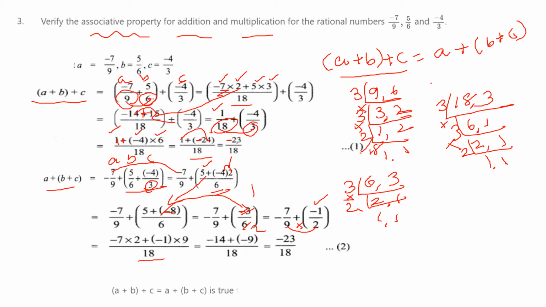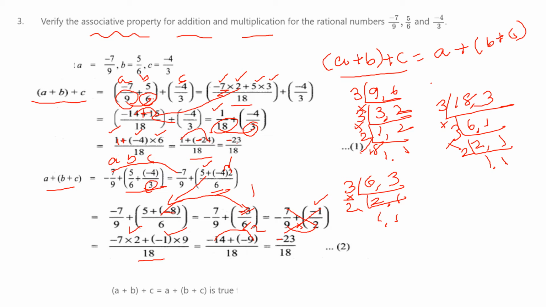If we multiply directly, here also you cross multiply. Minus 7 into 2 plus minus 1 into 9. Minus 7 into 2, 14, plus minus 1 into 9, minus 9 by 18. Here both are minus, so add the numbers. 14 plus 9, 23, same sign, minus 23 by 18.